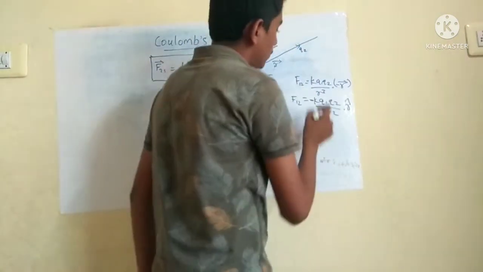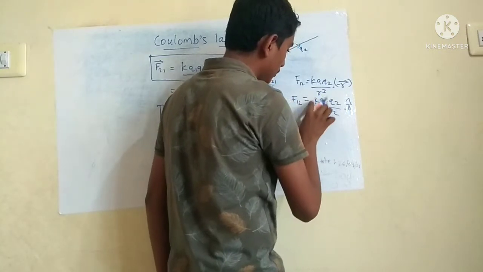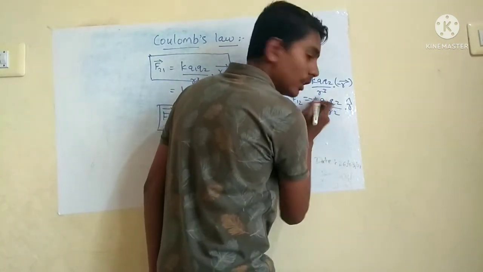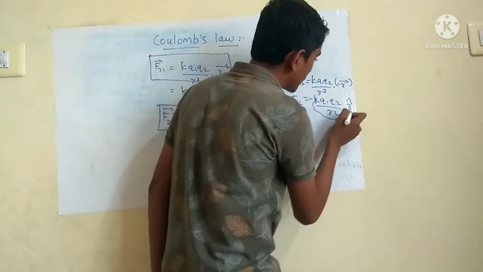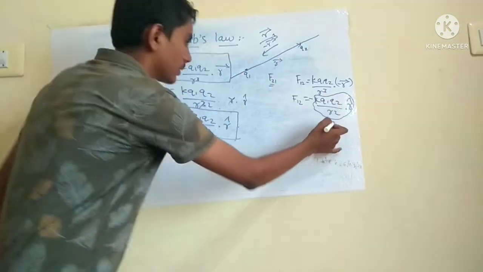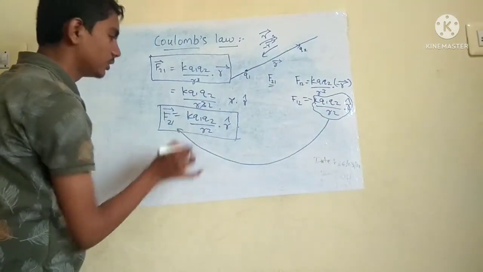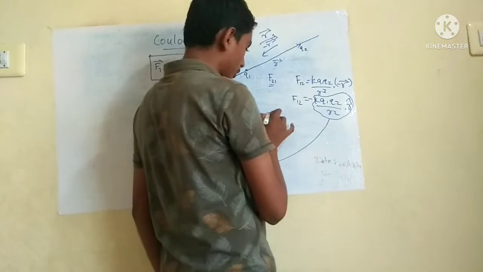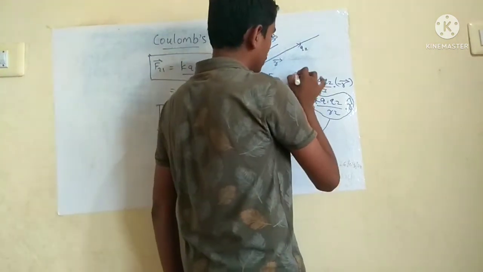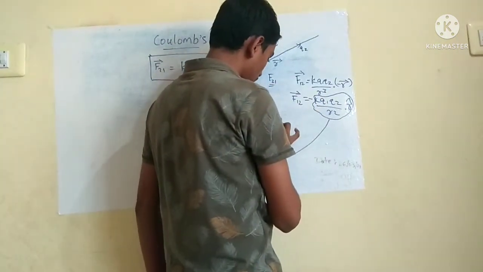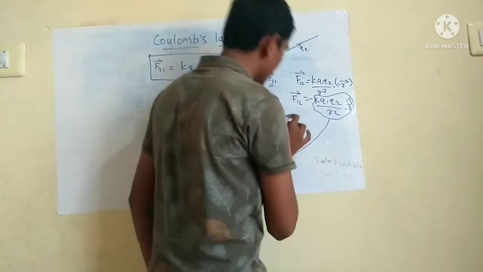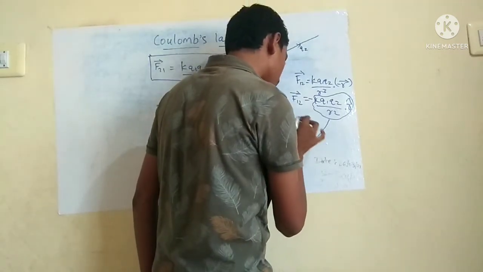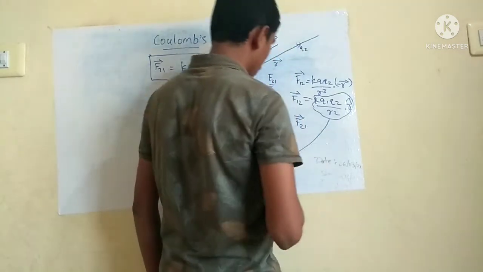Now what is this? Here is minus sign. Except minus sign you consider all. What is this? This is force on 2 due to 1. So you can write like this. Here also vector should be there. Force on 1 due to 2 is equal to minus of force on 2 due to 1.